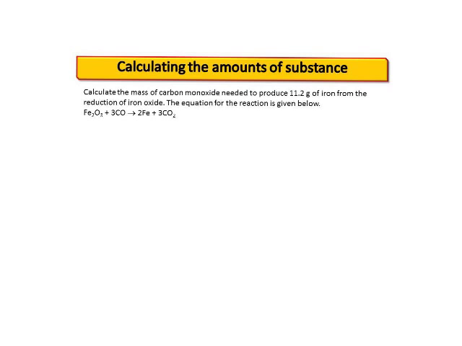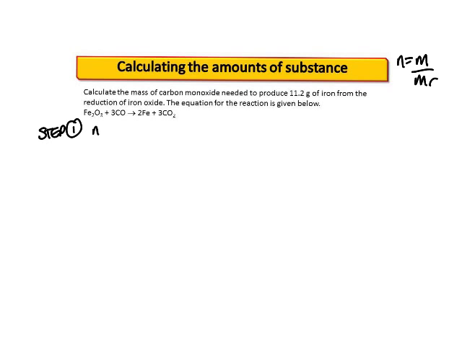So we can use what we've learnt from the previous slides and the equation N equals M over Mr, number of moles equals mass over the molar mass, in many different questions. We're just going to look at this question here. Calculate the mass of carbon monoxide needed to produce 11.2 grams of iron from the reduction of iron oxide. Now the equation they've given below is balanced and we can use these ratios later. So step 1 is working out the number of moles in 11.2 grams of iron.